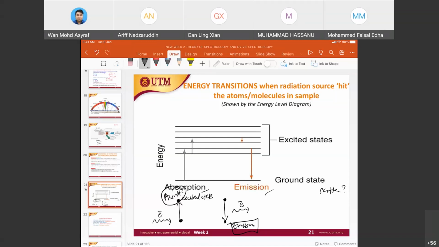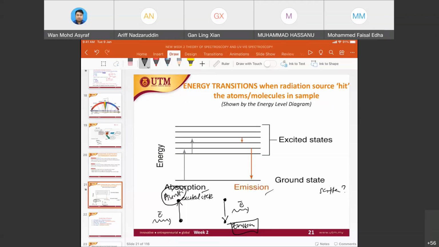Tetapi kalau emission, original dia mesti daripada excited state, and going back down to the ground state. So that is how, katakanlah ada soalan, how we differentiate between absorption and emission. So that's how you answer. Absorption tu, the original state of the sample is at ground state and becomes excited, while emission daripada excited going back down to the ground state.